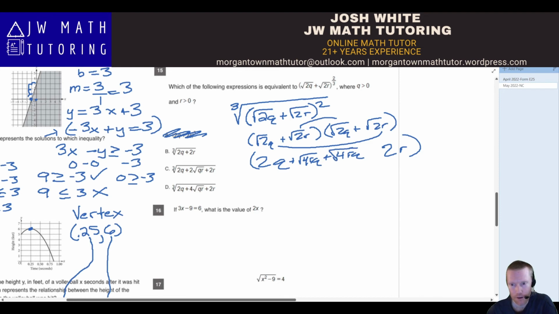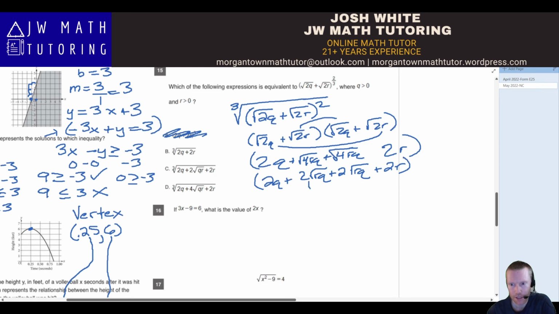Now, what you probably want to do next is simplify each of these into 2 square root rq, because then after that, I would go ahead and combine them. We've got plus 2r here at the end. We've got plus a 2q here at the start.